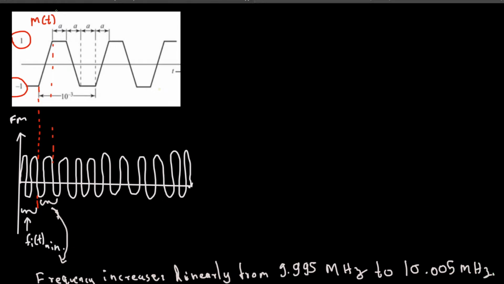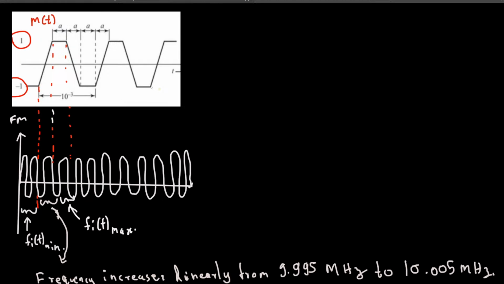Okay, that is this part. And if you look at this one, this is the maximum. This interval is the maximum. So we can mention it here, that this one is phi of t maximum, and this pattern keeps on repeating again and again. Okay, so that's the thing we had to know.